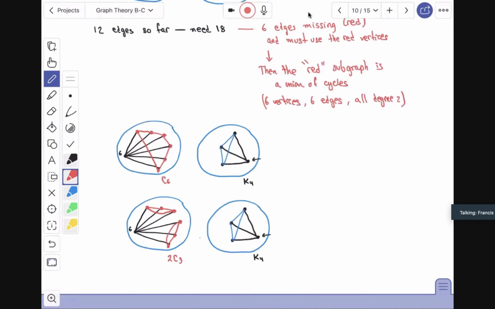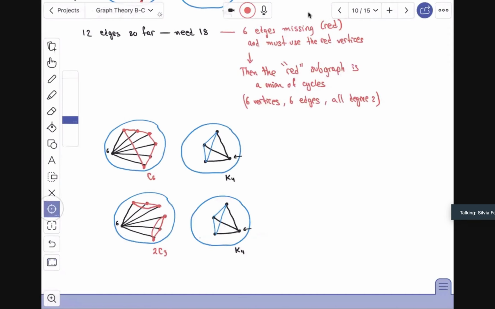I'm confused on the part when it says connected components. Are these 2 supposed to be connected, or am I overthinking this? Okay, so a graph is connected if you can go from any vertex to any other vertex by a sequence of edges, by a path. So connected components are the largest subgraphs that are connected. Here, I cannot go from this vertex to that vertex by a path, right?